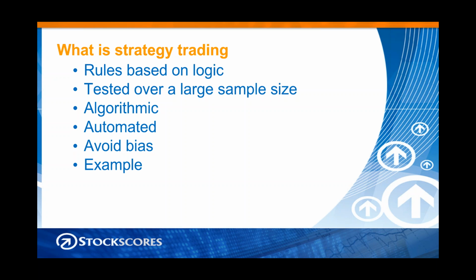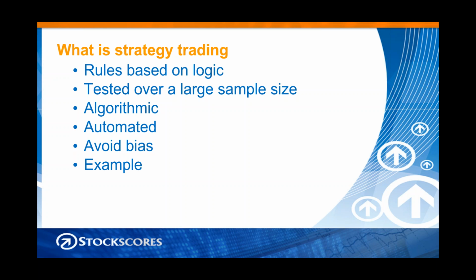We can automate much of the process. Probably 95% of what I do is now automated in terms of the entry signals being alerted to by a computer. And the nice thing about this is that if you do it properly, you can be very profitable consistently. What is key when you are developing a strategy is that you avoid bias.